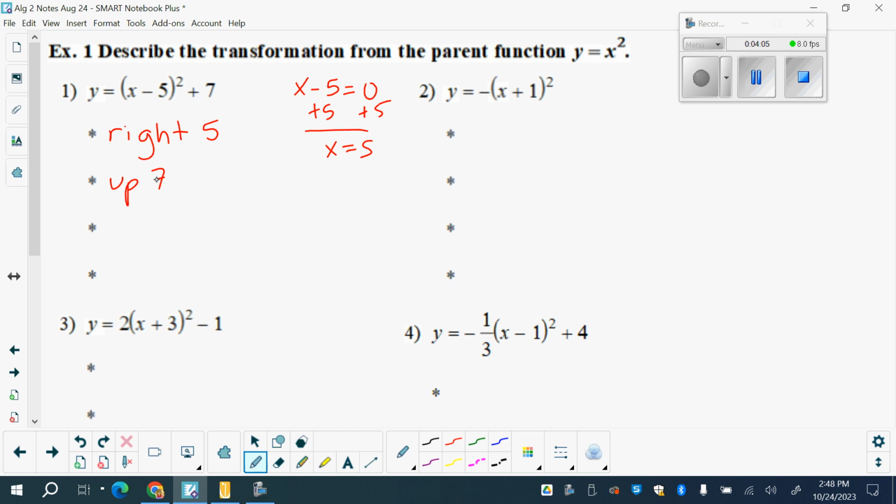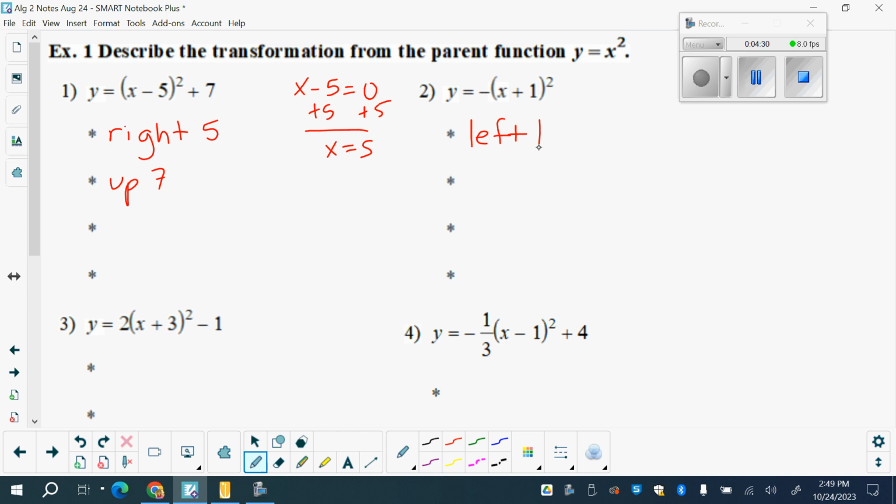Okay. So negative quantity x plus 1 squared. What does the plus 1 do? Left 1. That's right. So again, on the inside of the parentheses it moves it the opposite direction. It's a plus, so it's moving it left.